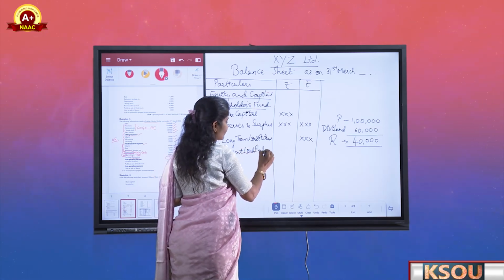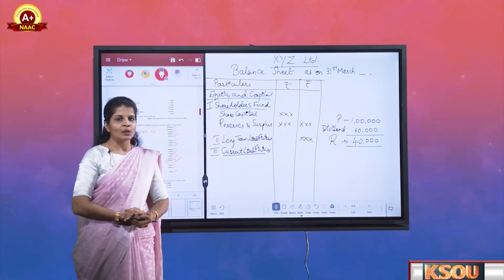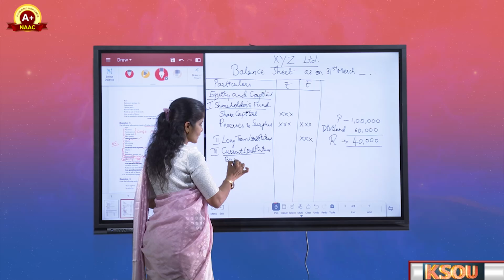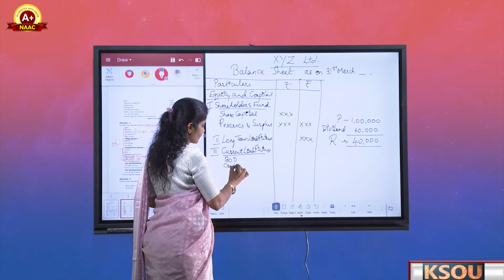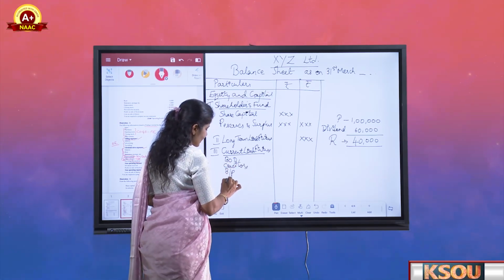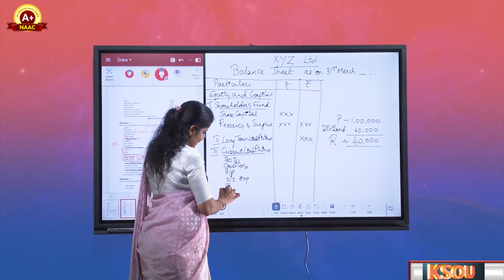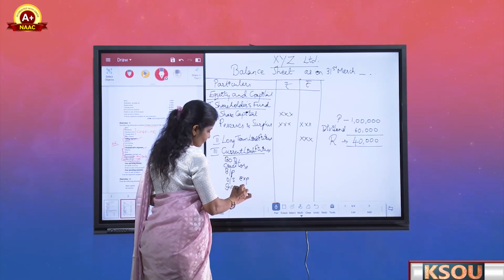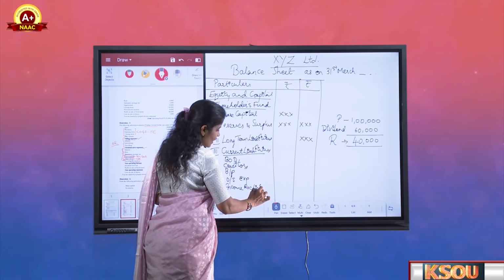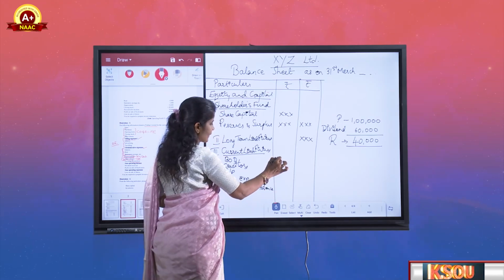What does current liabilities include? Current liabilities can be bank overdraft, creditors, bills payable, any outstanding expenses, or income received in advance. So these are the items of current liabilities.